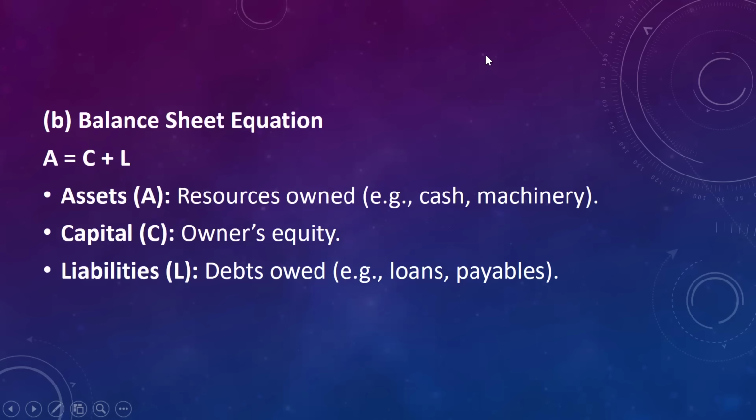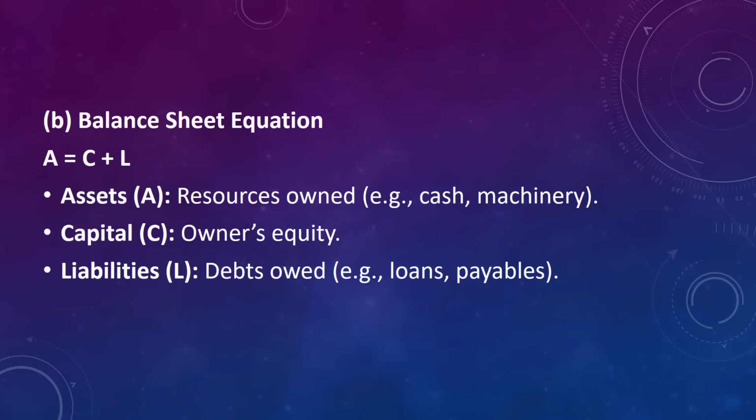What does C equal? Capital. No. If I had to rearrange the equation, C equals what and what? Assets minus liabilities. Assets minus liabilities.